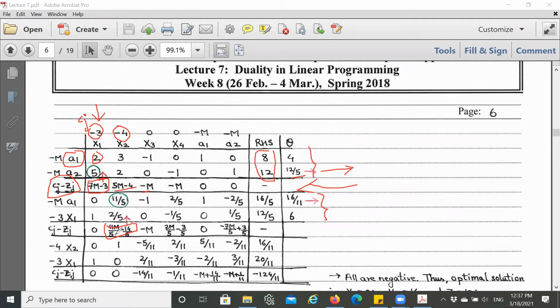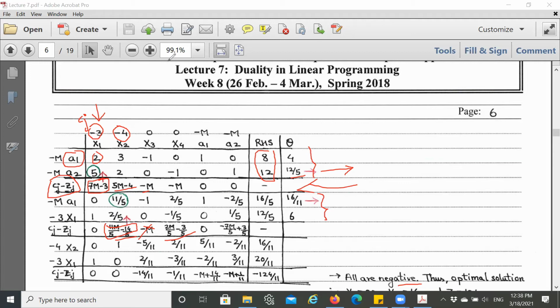This should be a positive number. If it's negative, you just ignore it, like minus m, you don't care, only this. Between this and this, you choose the one which is greater, which is this, and you keep doing that until you do not have any positive value in your Cj minus Zj row. Since all of them are negative, we have got the optimal solution.